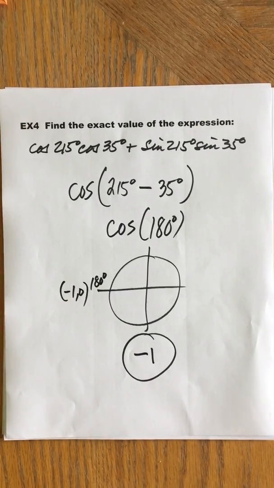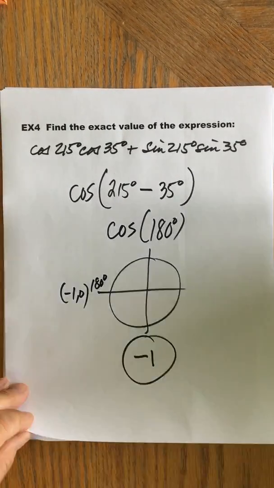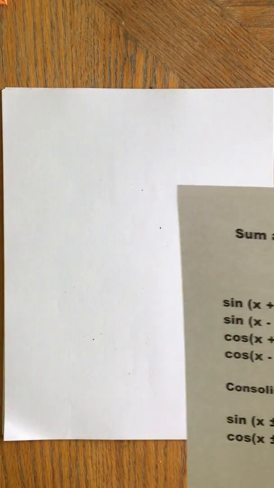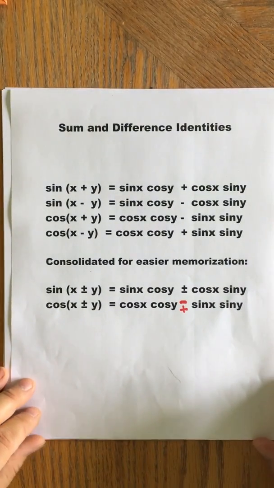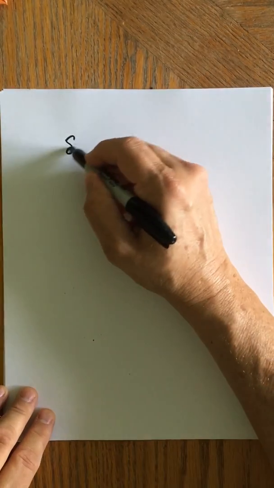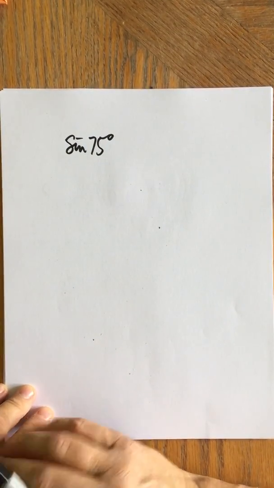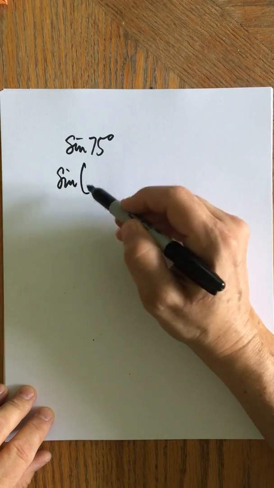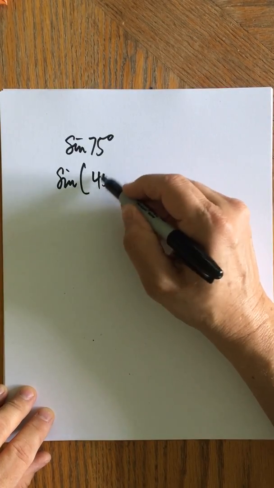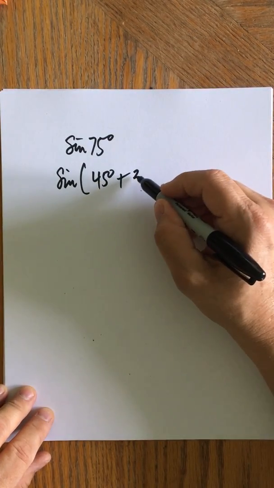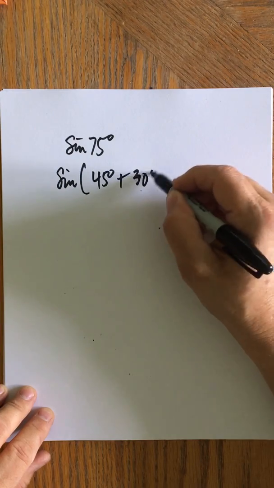Okay. Now, I will just mention that I think some of these are a bit contrived. So I know perhaps in a pinch, let's say you somehow needed to evaluate something like sine of 75 degrees, you might be able to creatively realize that that's sine of 45 degrees plus 30 degrees, right?